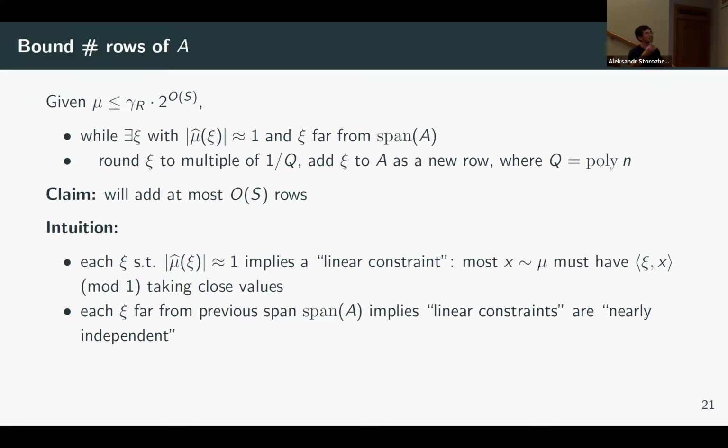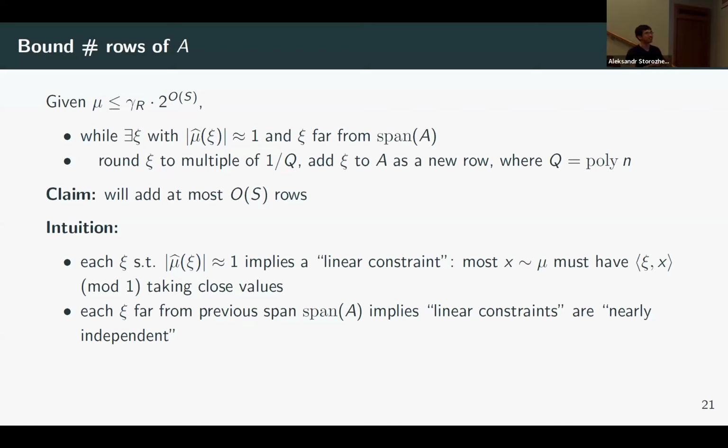And every time we add a row, we have one such linear constraint on how this distribution mu could look like. And the other condition, saying that the psi is far from the previous span, means that these linear constraints are nearly independent. So every row imposes a linear constraint, which would reduce the support size by some factor, and these are linearly independent.